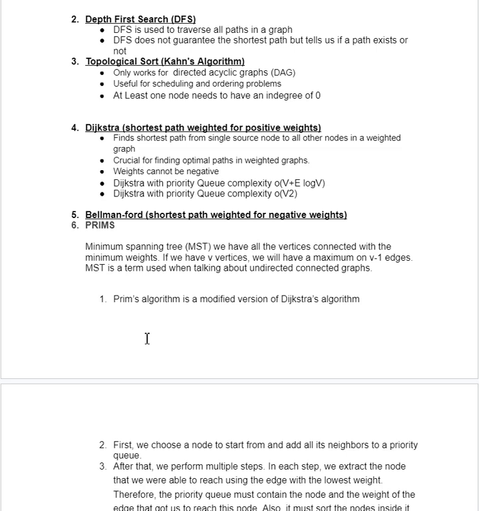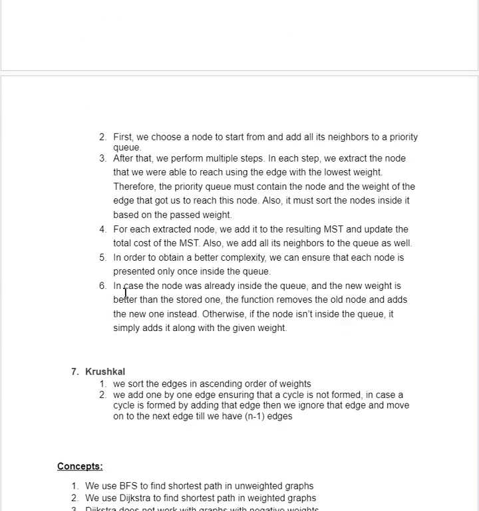There are two algorithms useful in finding a minimum spanning tree. One is Prim's and the other one is Kruskal's. Again, if you're short of time, you should know at least one of the algorithms to find the minimum spanning tree, either Prim's or Kruskal's.